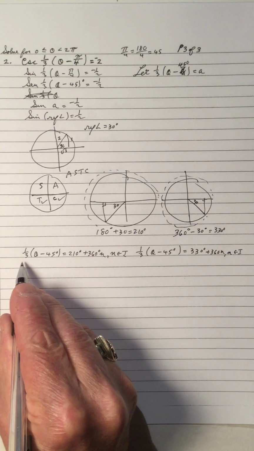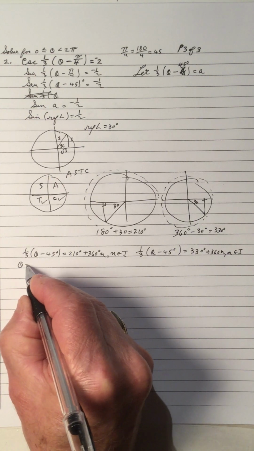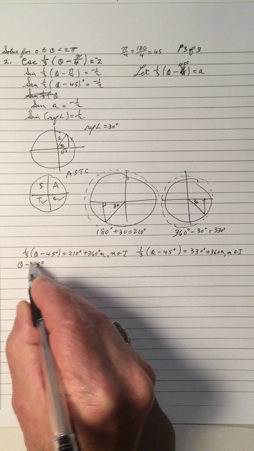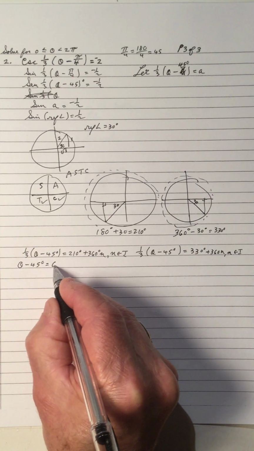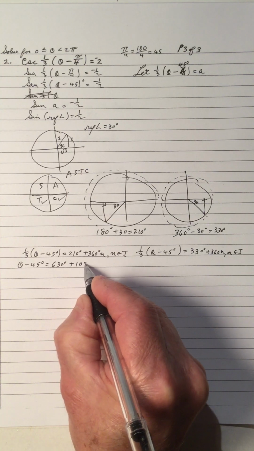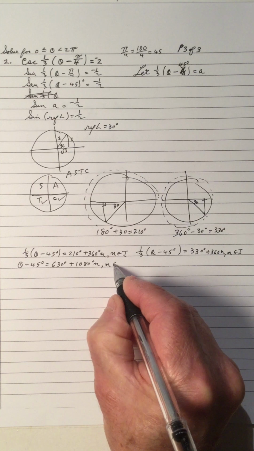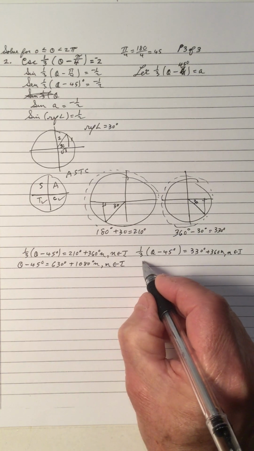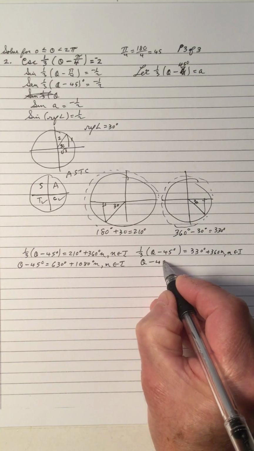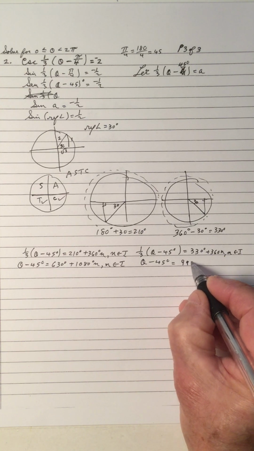So now we got a fraction, so we got to multiply by 3. Multiply by 3, you get 630. Multiply by 3, you get 1,080. Multiply by 3, you get 990.